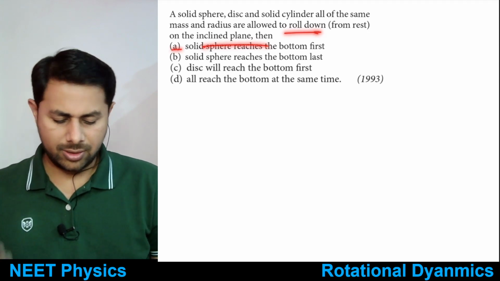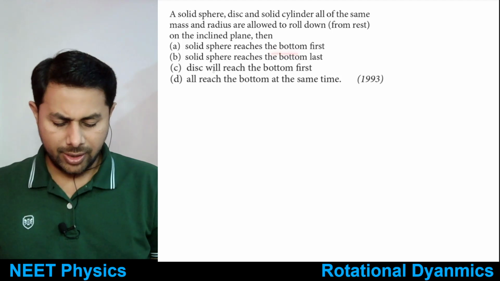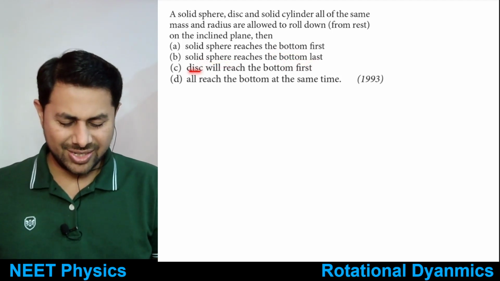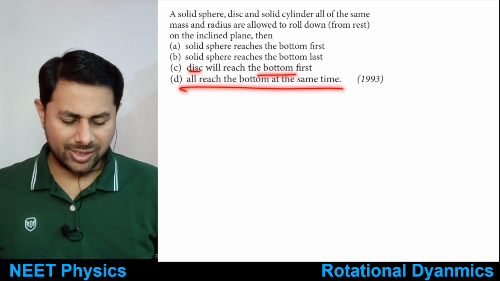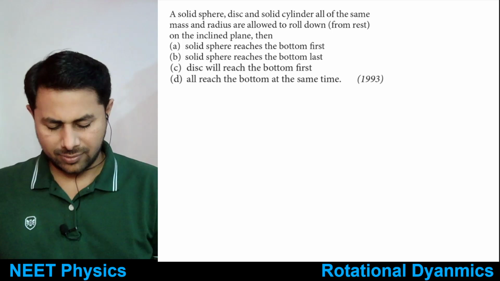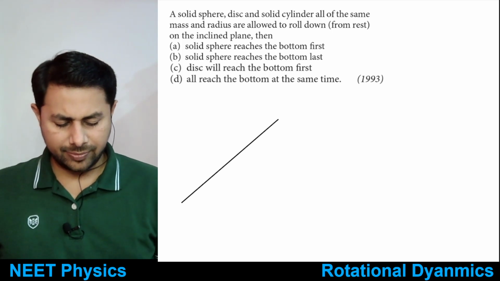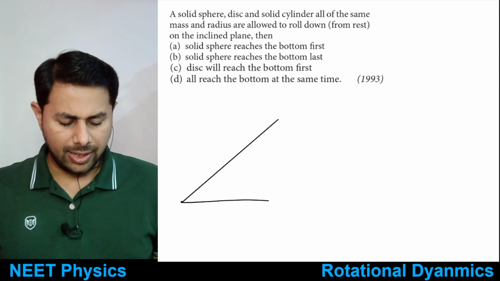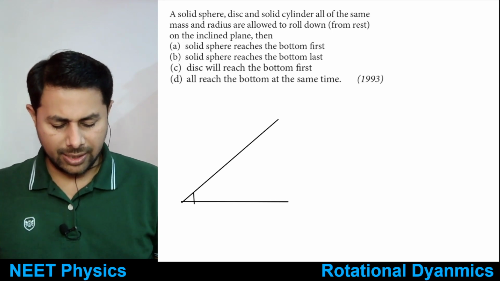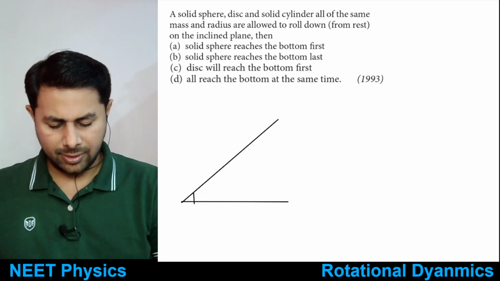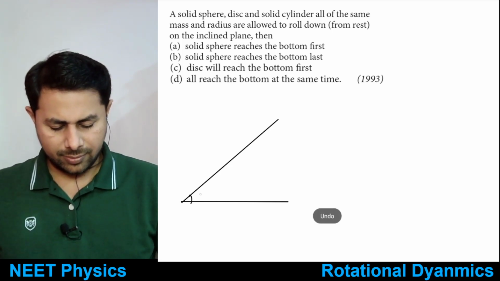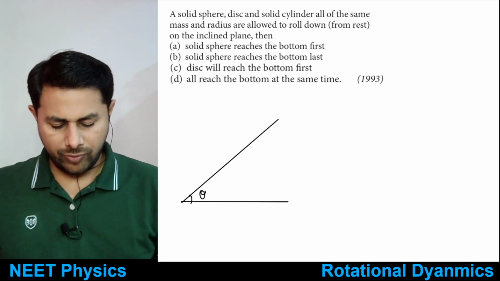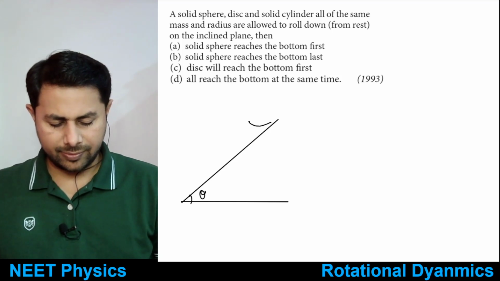Then the solid sphere reaches the bottom first, or the solid sphere reaches the bottom last, or the disk will reach the bottom first, or all reach the bottom at the same time. Tell me which one would be the answer. They roll down on an inclined plane. Which one would be faster?